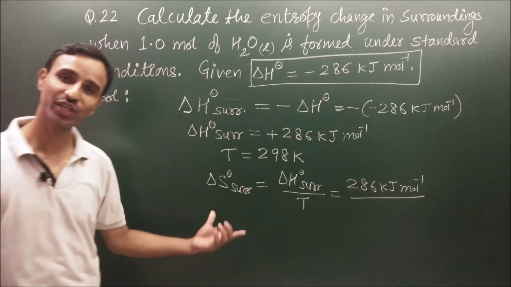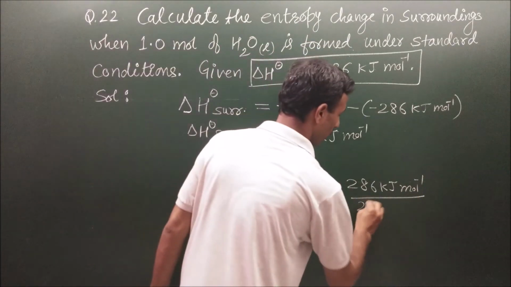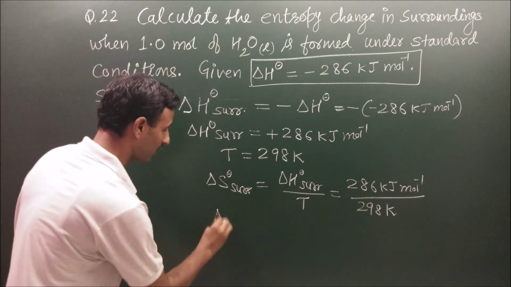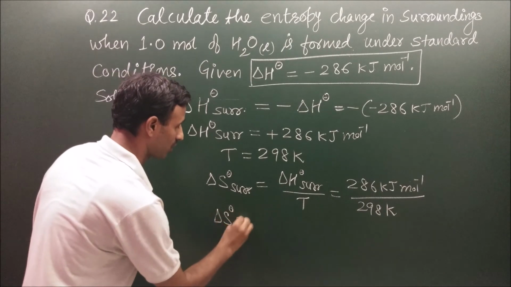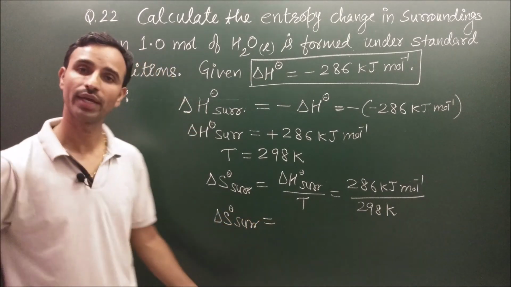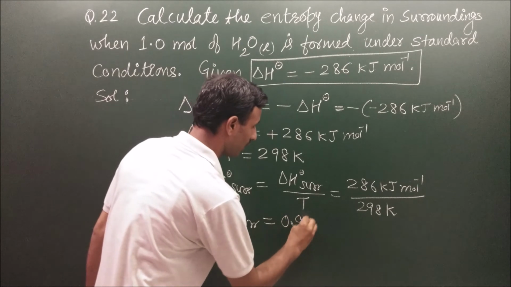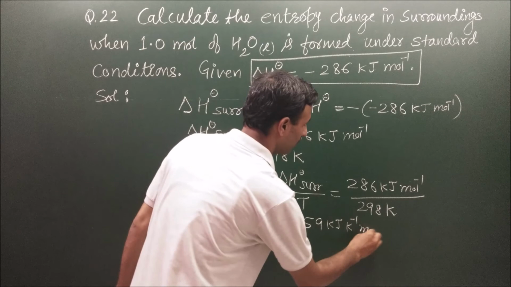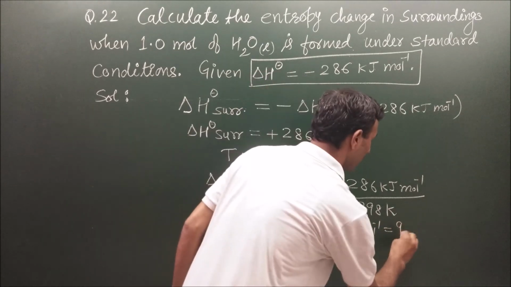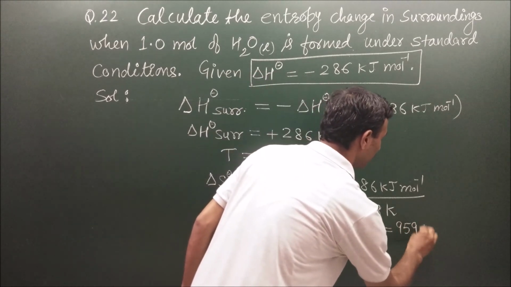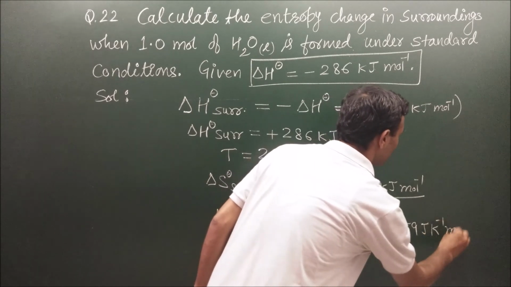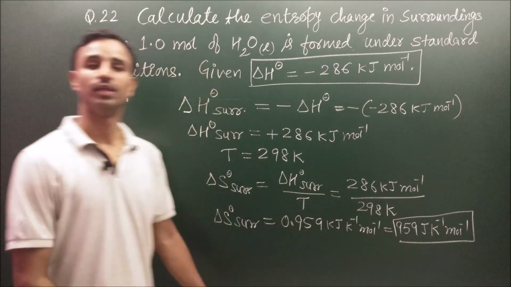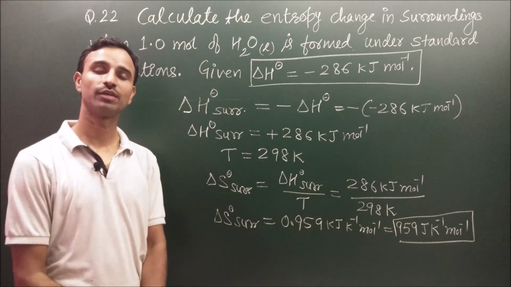And what is the temperature? It is 298 Kelvin. So in this way, delta S naught surrounding comes out to be 0.959 kilojoule per Kelvin per mole, or 959 joule per Kelvin per mole. That's all for the day.